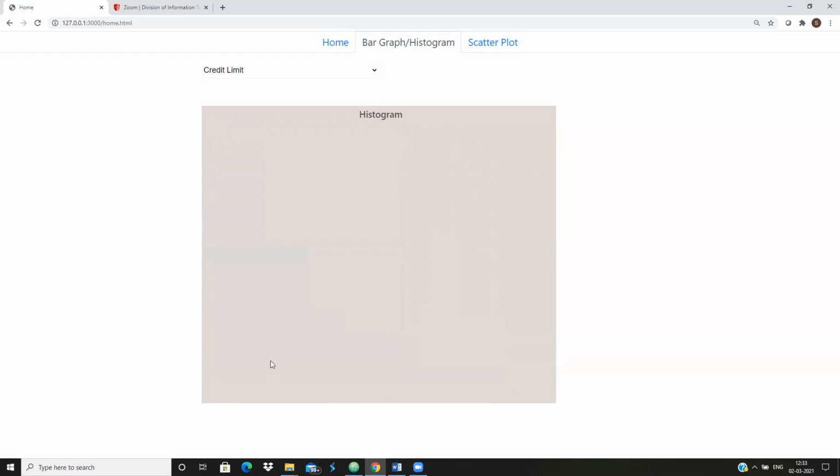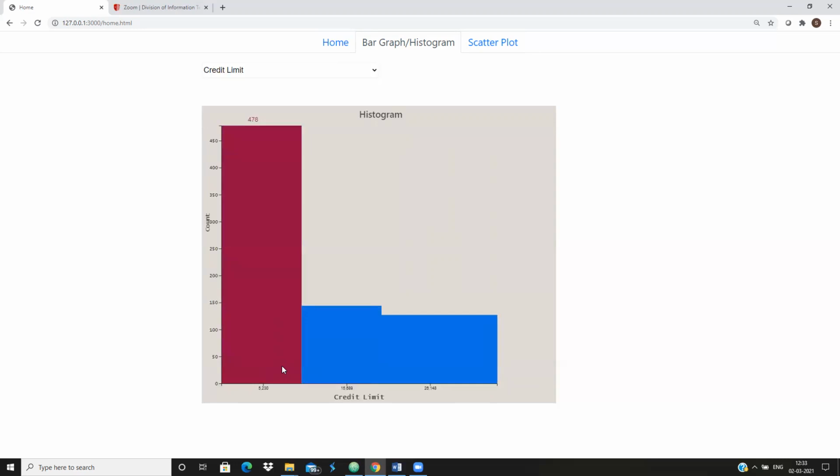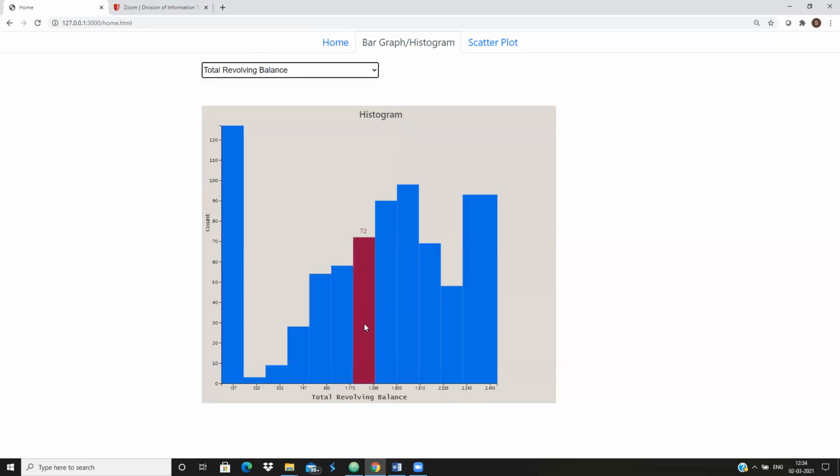When you drag towards the right, it increases the number of bins. When you drag towards the left, it decreases the number of bins. Also, there's a limit on the number of bins that it can be increased. I cannot increase it beyond 18. This has been done because it's not really practical to have 25, 30 bins for a small range data set.